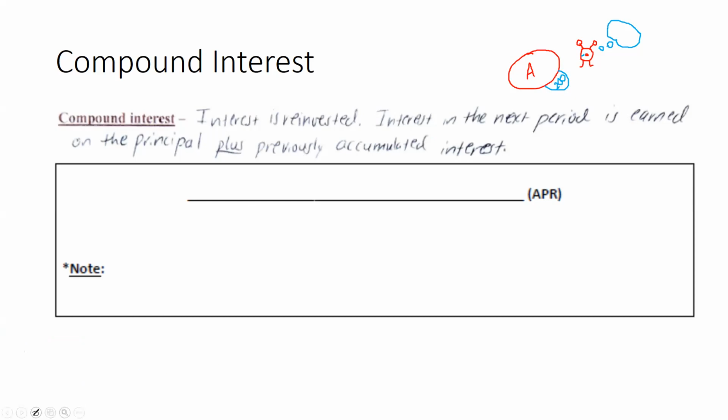And now that becomes a part of the account. So my account is now that A value I started with, and then the 200 added onto it.